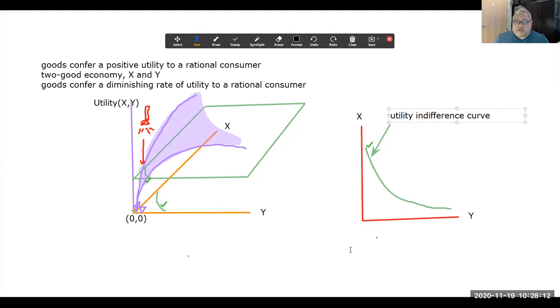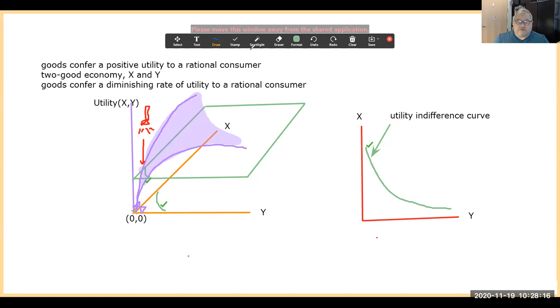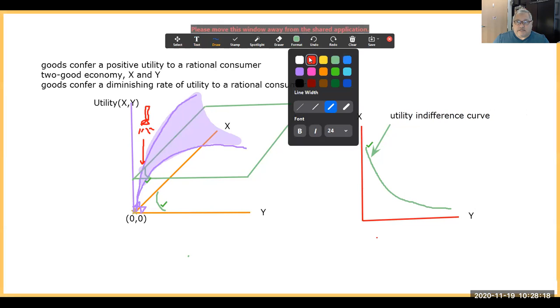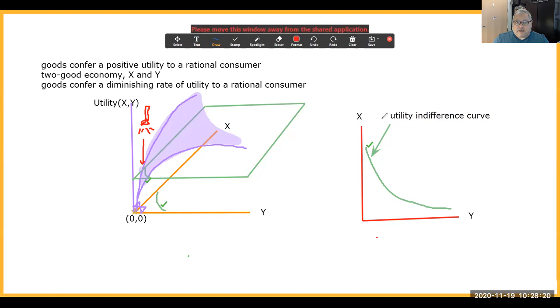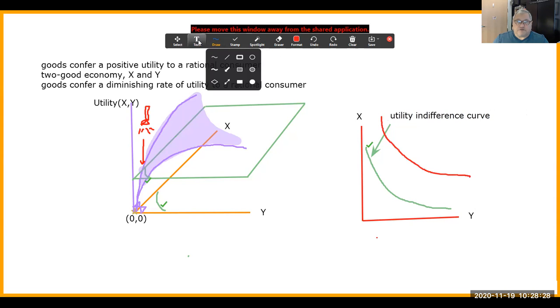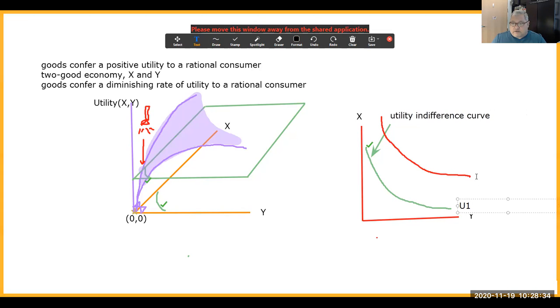And just like I drew that utility indifference curve, I could imagine the trace of a higher level of utility, and that would be a trace that would occur at a place where you have more utility. So I'm going to call the first utility curve U1, and the second one I'll call it U2.